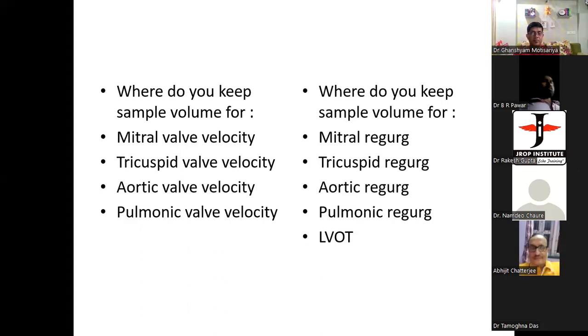At the aortic annulus, at LVOT. LVOT is just 2 to 3 millimeters away from the aortic annulus. There's nothing rocket science in it. Whenever you measure velocity, it should be at the tip of the leaflets. Whenever you measure regurgitation, it should be below the leaflets of the corresponding valve. Very simple question, nothing specific about it. Okay? Great.